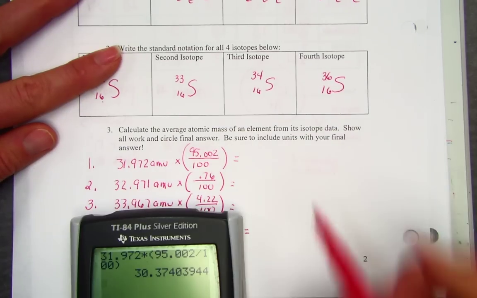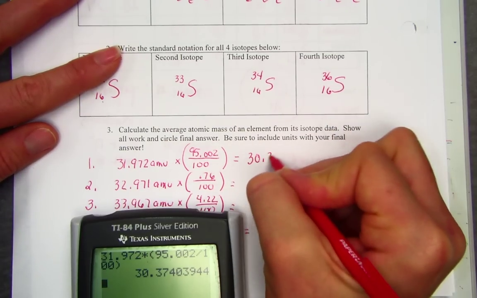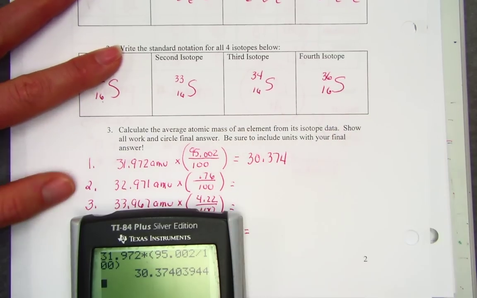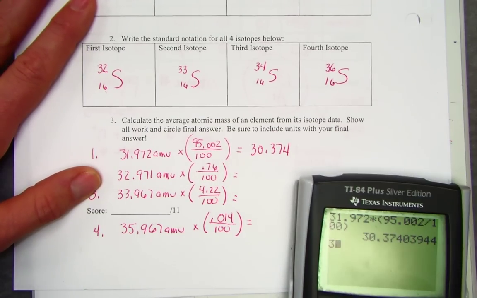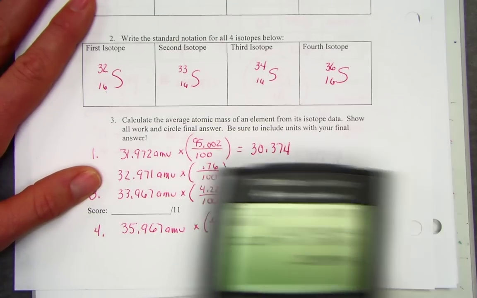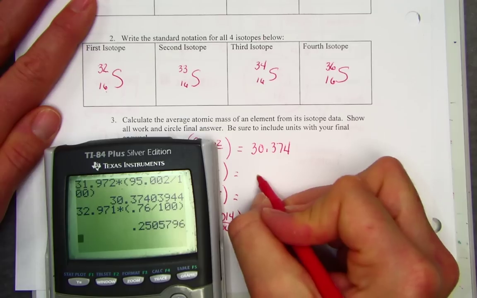I get 30.374. Second one, 32.971 times 0.76 over 100. I get 0.25.